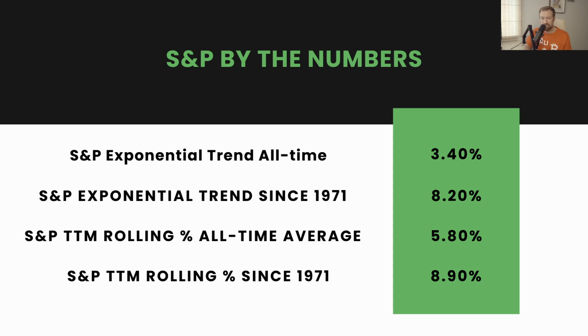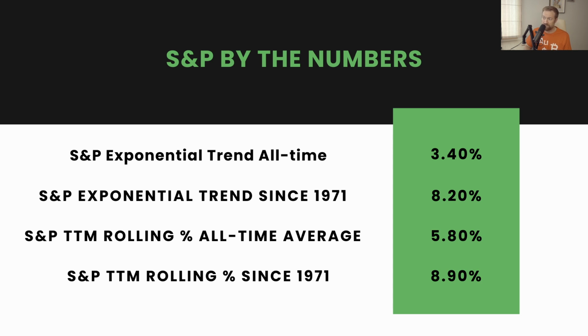Okay, so the all-time exponential trend, which was a couple videos ago, 3.4%. The trailing 12-month all-time return average, 5.8%. So there's a discrepancy there. It's interesting, but those two numbers relate. Then if we look at the exponential trend, the slope of that curve from 1971, the year-on-year compound annual growth, 8.2% from 1971.